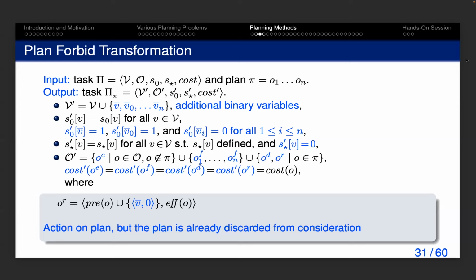So this is implemented in FDR or SAS+, right? Which is grounded representation. So on the ground level, you can write it down. These are just a list of actions. On the lifted level, we don't know how to do that. That's exactly. No, that we don't know how to do that on the lifted level.